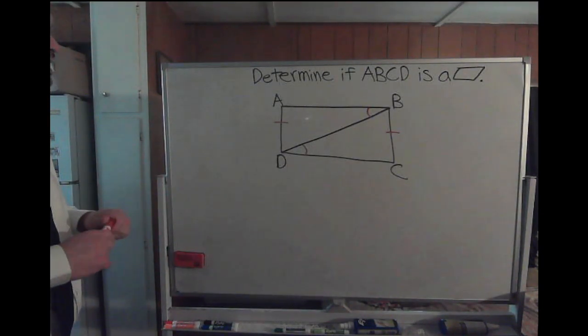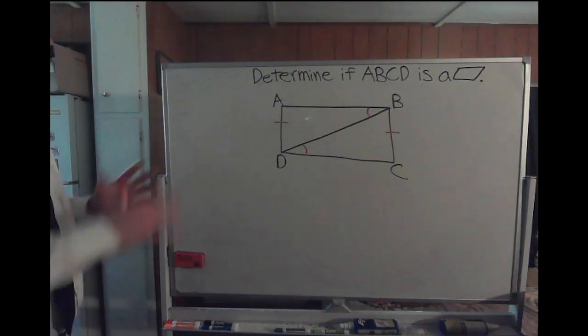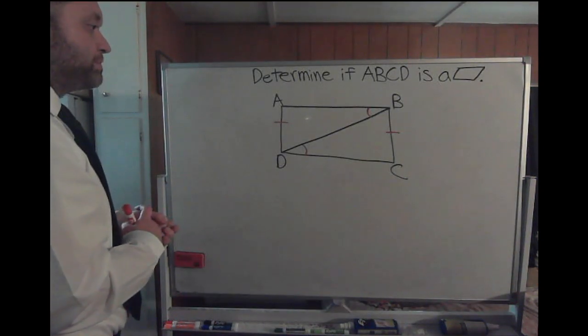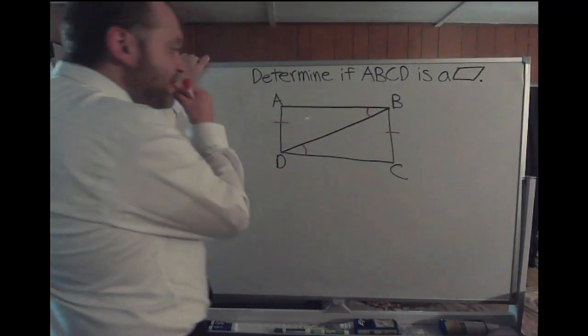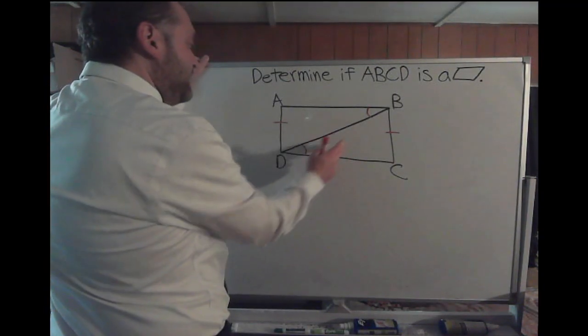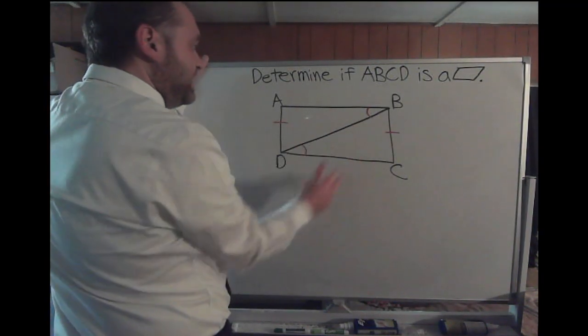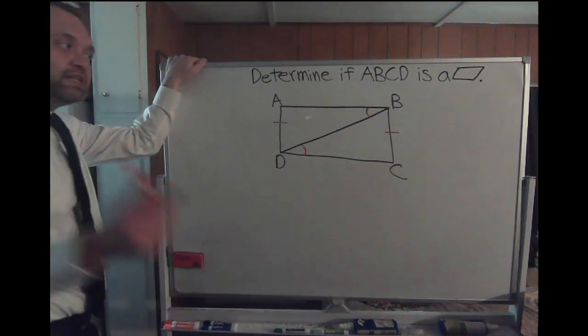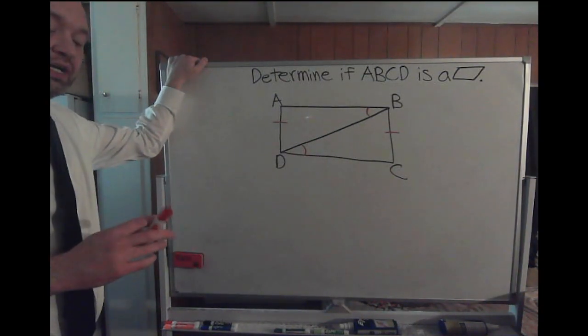So let's establish something here. Let's use the fact here that we have two congruent sides. Well, if these two angles are congruent, that means they're alternate interior angles, aren't they?